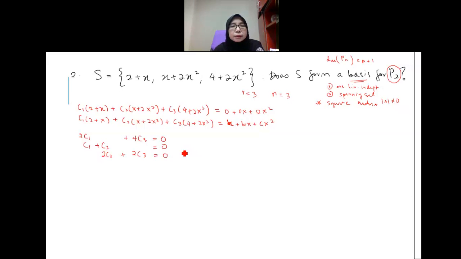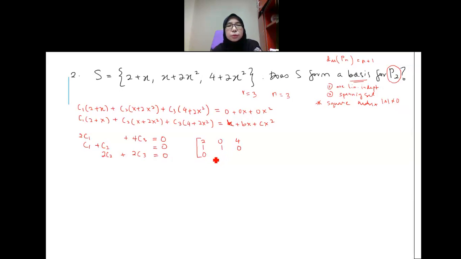Then write the linear system in a matrix equation. So the matrix equation: 2, 0, 4, then 0, 1, 2, then 1, 1, 0.